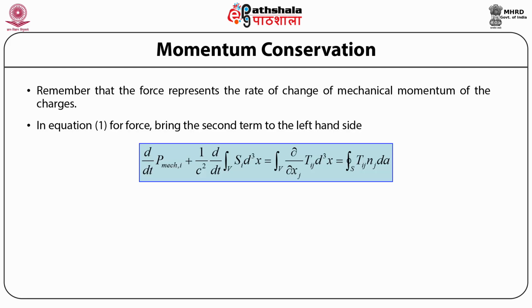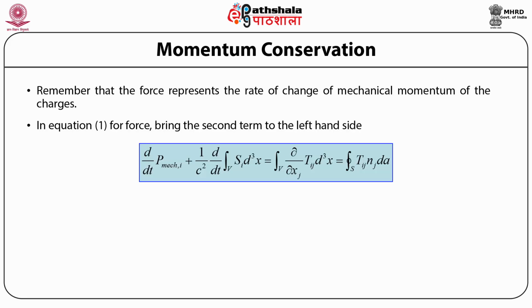Poynting's vector, is equal to the volume integral running over the volume element d cube x of the partial derivative with respect to the jth component of the position x subscript j of the Maxwell's stress tensor T subscript i j.